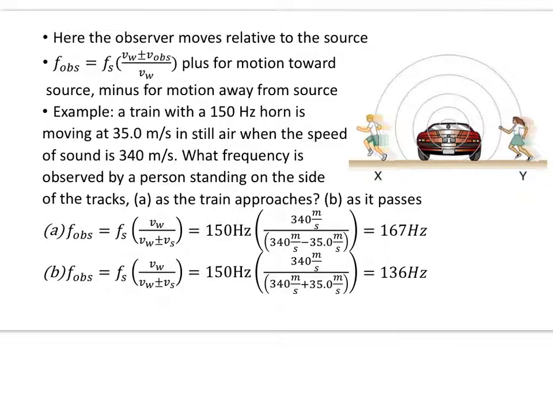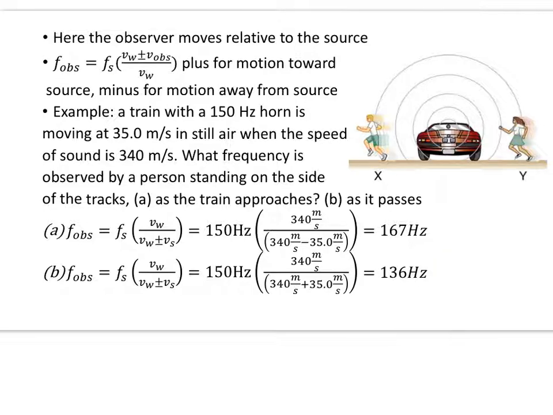He experiences or perceives a lesser number of waves than is actually emitted, and so therefore he perceives a lower frequency. This equation up here, which is similar to what we've seen on the previous slide, but not the same, can be used to compute the frequency perceived by the observer.